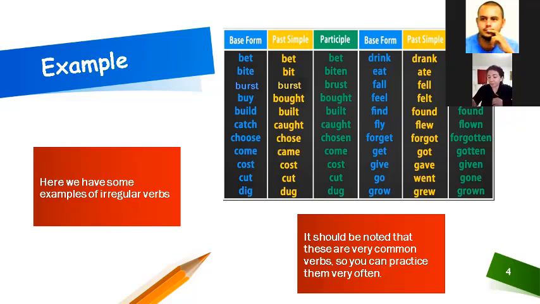Now, it should be noticed that these are very common verbs, so you can practice them very often in your daily conversation. So it's going to be easy for you to memorize them, okay?